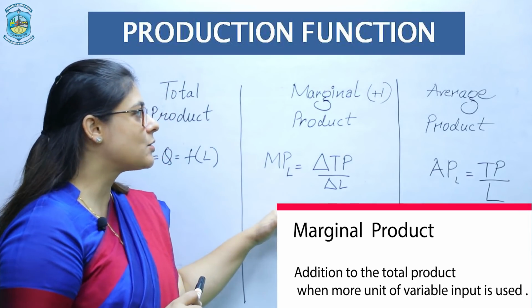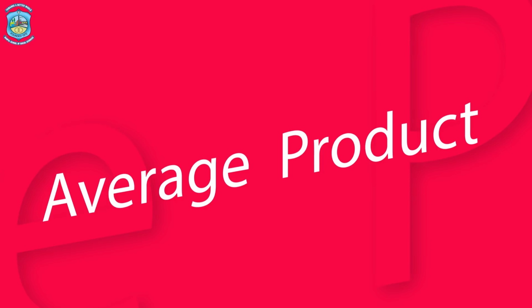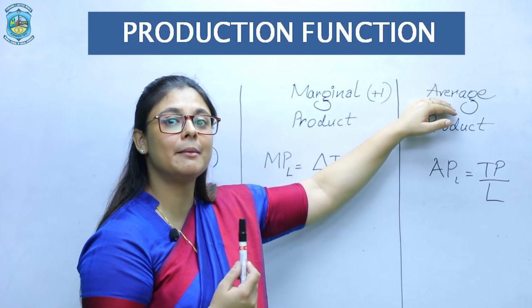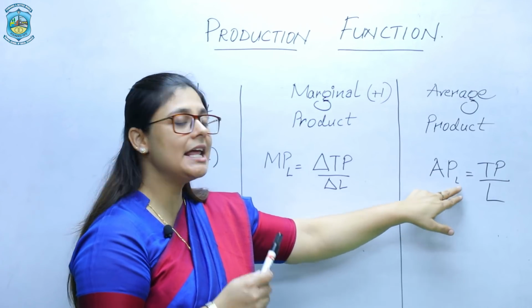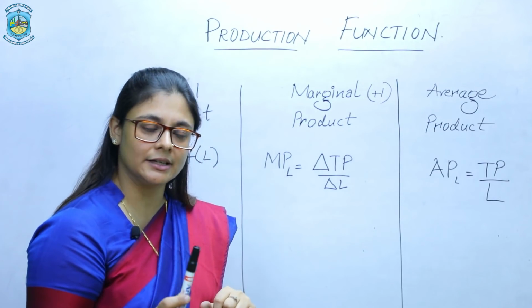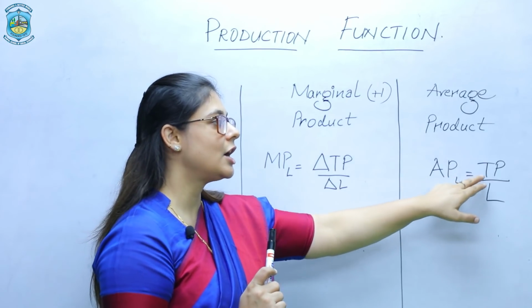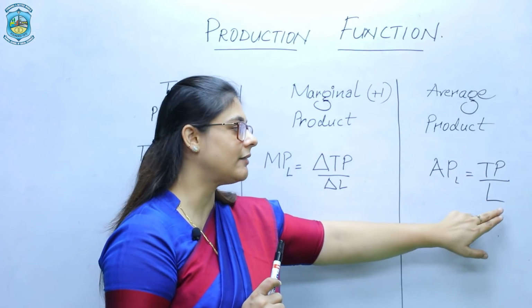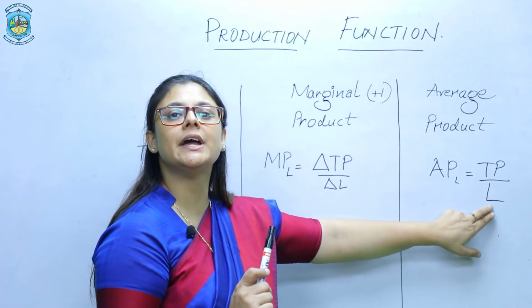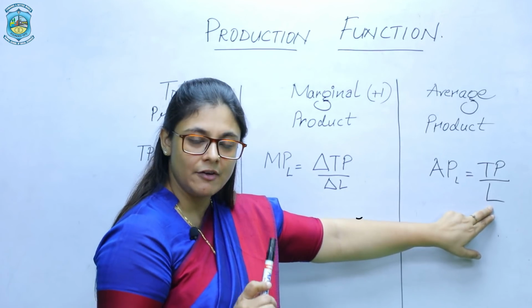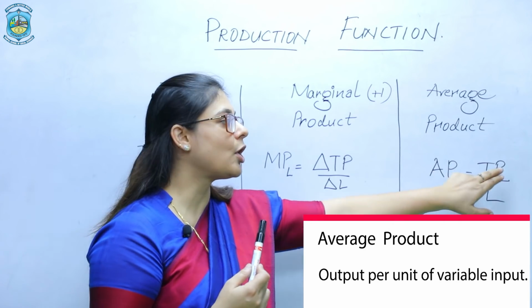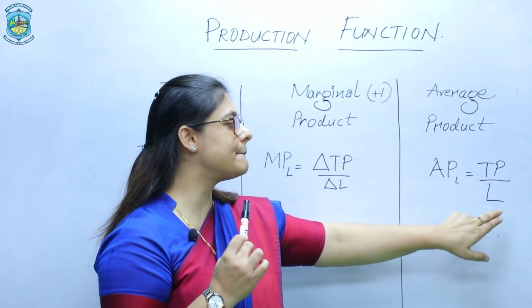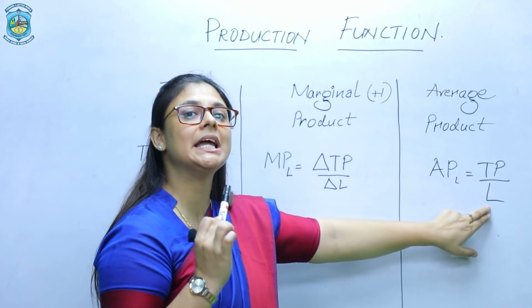Let's go on to explain what average product means. Now the word here is average. Average means the mean. So therefore average product of L units of variable factor can be calculated as total product divided by the number of variable inputs used. We can also say that average product is the product produced per unit of variable input.